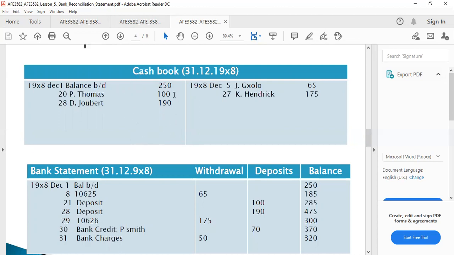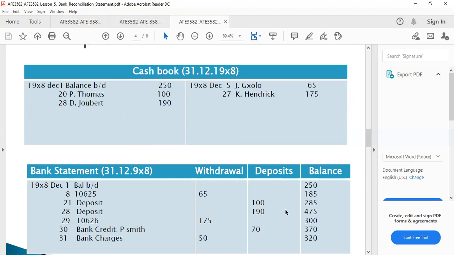the debit side of your cash book is the same as the credit side of your bank statement. Just hold on. The debit side of a cash book is the same as the credit side of a bank statement.